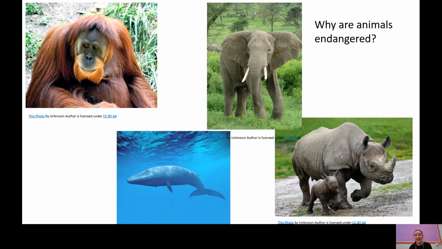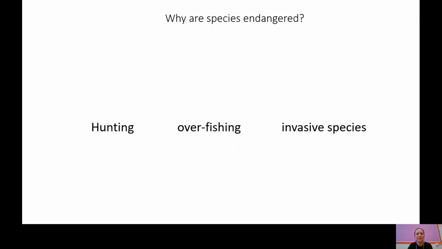What is causing them to become endangered, and some of them to become extinct? Well done, Year 5. We looked at a few of these last lesson, but we're going to go into them in more detail today.